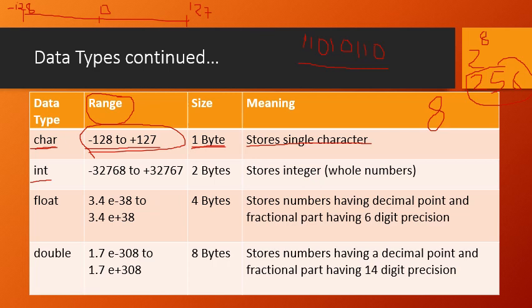Whenever we are dealing with numbers in a programming language, the numbers can be classified into two types. One is the whole number, and the other type has a fractional part also, a whole part and a fractional part. These two different types are stored in two different data types. One is integer, which talks about only whole numbers.